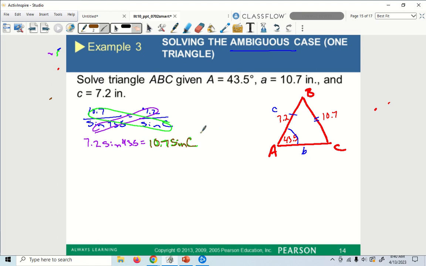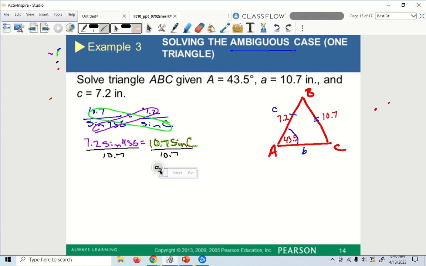All right. So the first thing is, since I'm trying to get big C by itself, I'm going to divide both sides by 10.7. So those cancel.